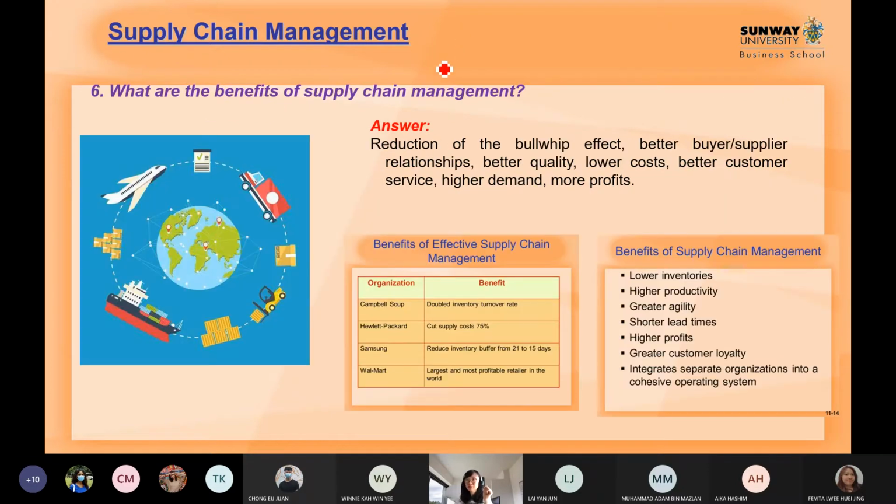Okay, so what are the benefits of supply chain? You reduce the bullwhip effect because you know the demand, you know the forecast, and you have a better buyer and supplier. Your customer is always happy because you deliver on time, just in time, no error, no wasting time, minimum costing, and the quality is also very good because you come from a good supplier.